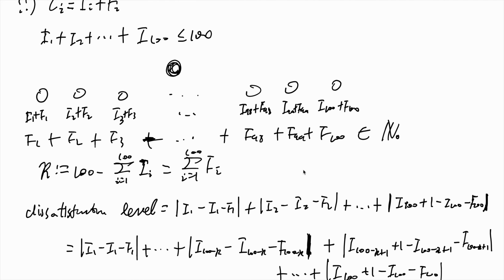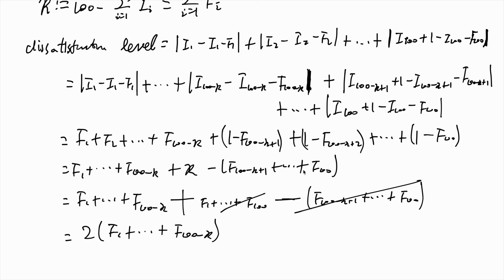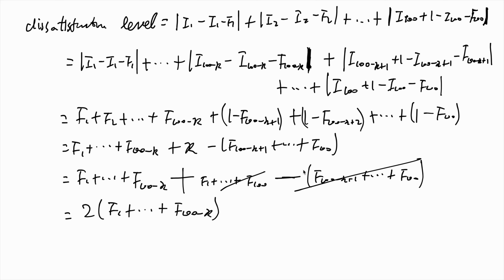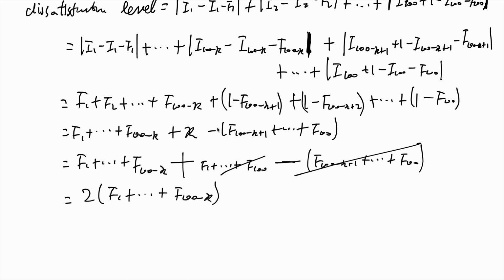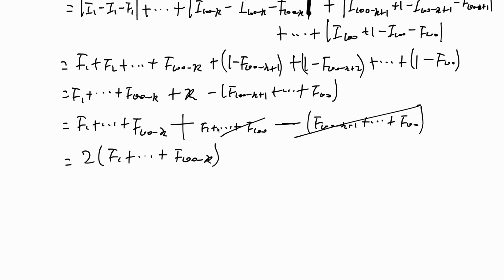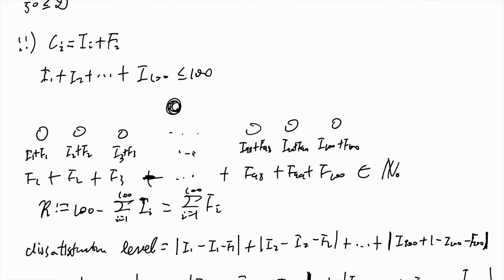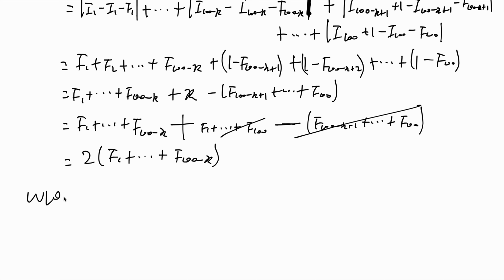How should we continue from here? This is our dissatisfaction level. We actually need to use the average here. So let's say that without loss of generality, f of 1 is greater than or equal to, f of 100.